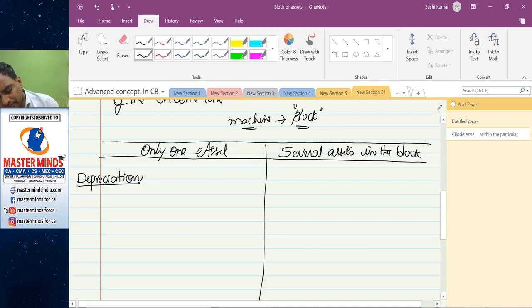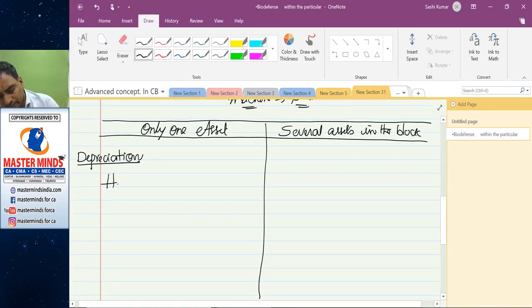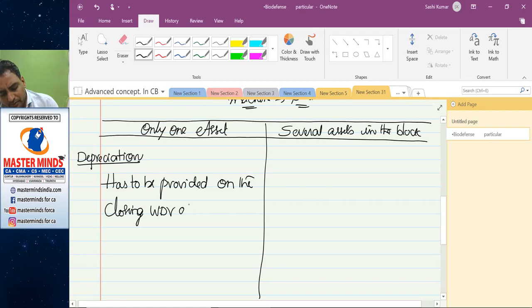Depreciation has to be provided on the closing WDV of the block.